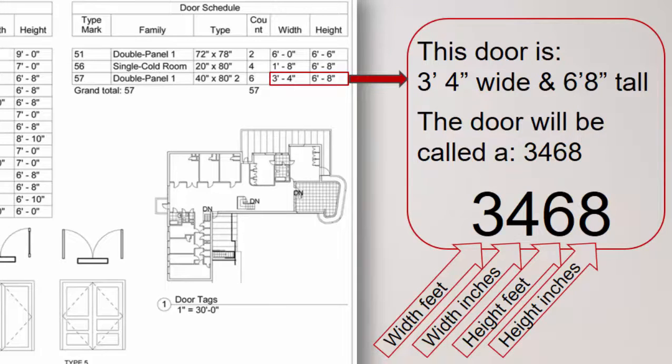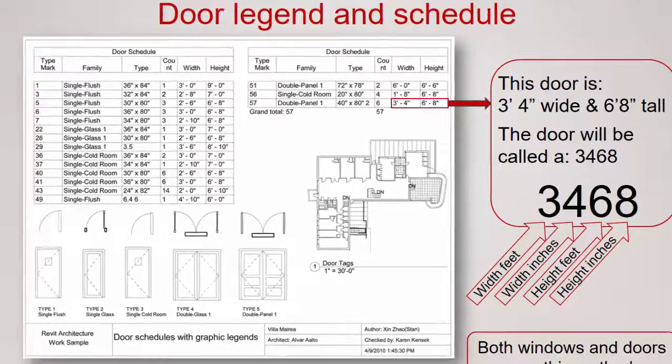In this case, the 3 is the width of the window or door in feet. The next number is in inches. So this would be a 3 foot 4 inch wide window or door. And then the next 2 numbers are the height in feet and the height in inches. So 6 foot 8 inch. So the door itself is 3 foot 4 inches wide, 6 foot 8 inches tall.